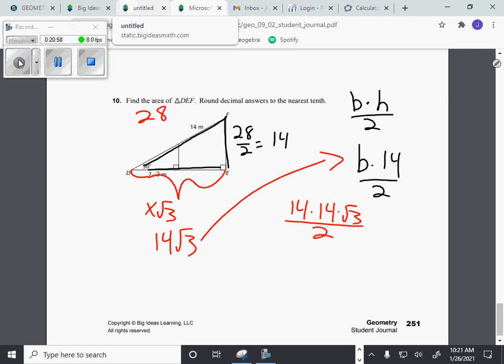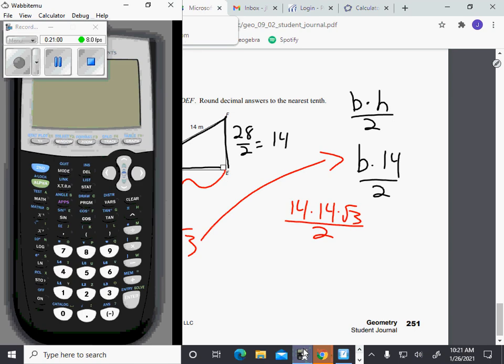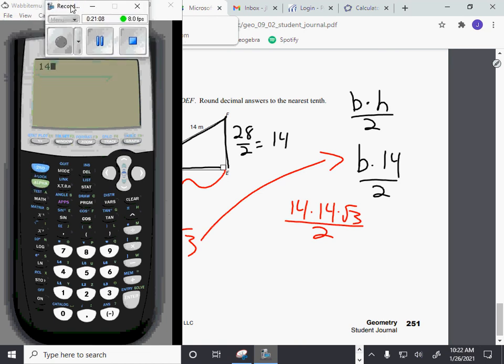If I go to my calculator, I have 14 times the square root of 3 equals, divide that by 2, and I'll get 169.7.